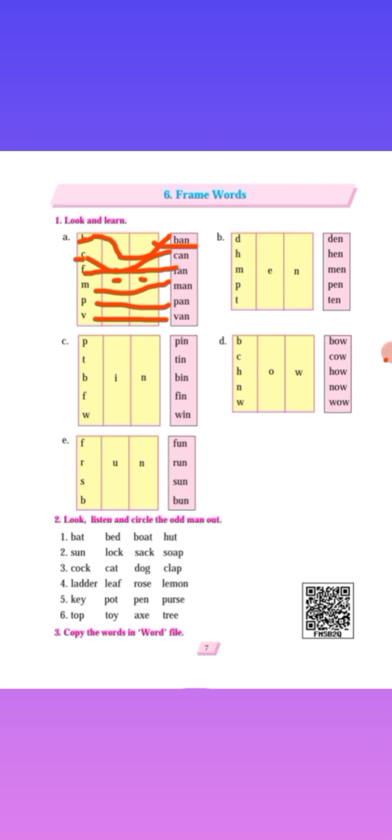Okay, next is given vowel E. E is given and letter N is given. So from D E N we make the word den. Then next is given H. So from H E N we make the word hen.